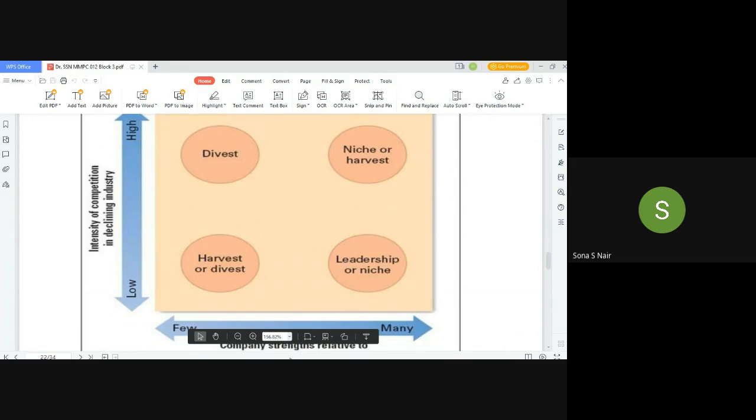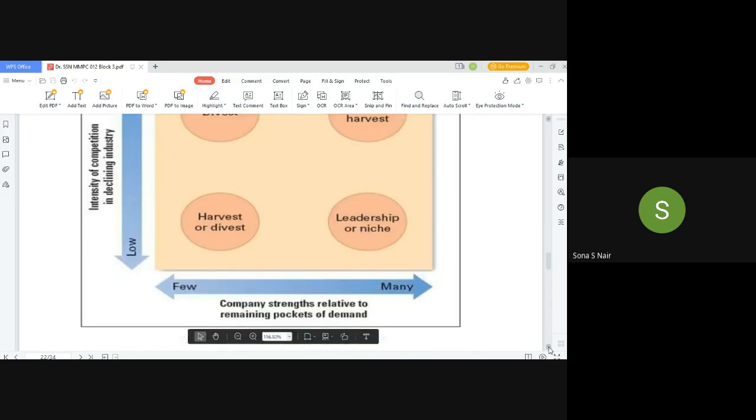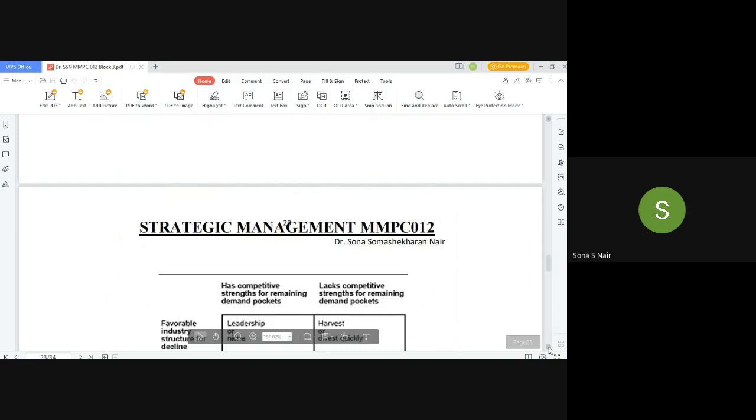So if the company's strengths are high, and the intensity of competition in the industry is also high, then the company will go in for a niche or a harvest strategy. If the company is low in strength and the intensity of competition is also low, then harvest or divest. So these are the strategies the organization will go ahead and adopt.